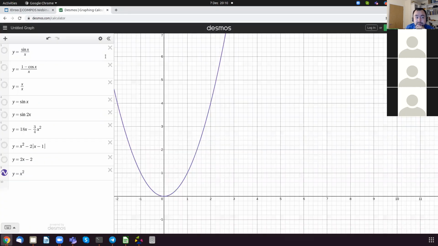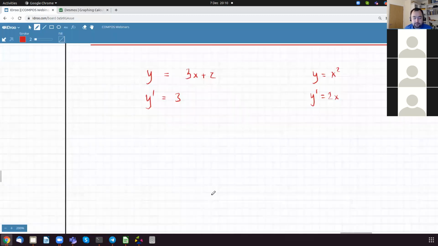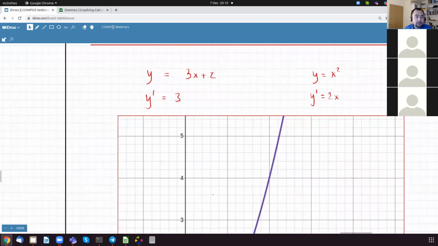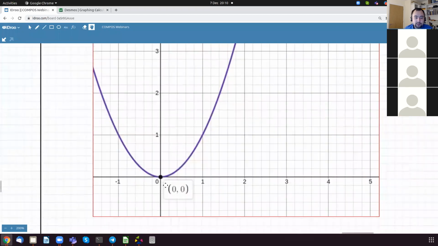So when x is 0, the gradient is 0 because it goes like this.